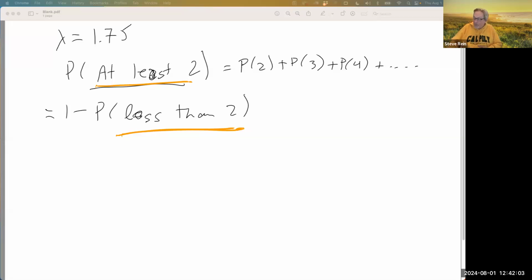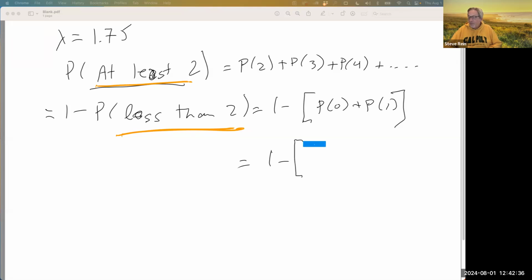So you can now solve, because this is 1 minus p of 0 plus p of 1. That's the chance of 0 or 1. What did we get earlier? I erased that. 0.174.